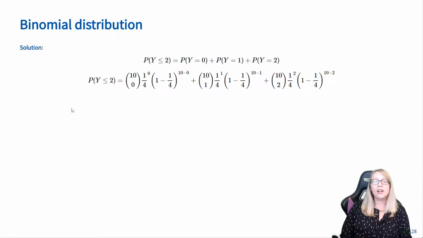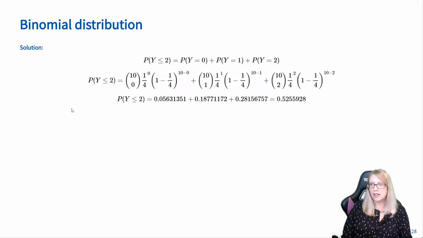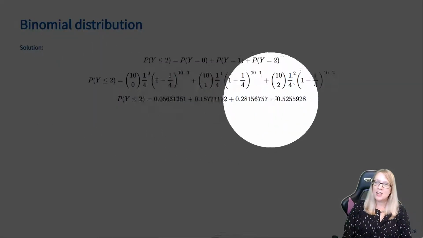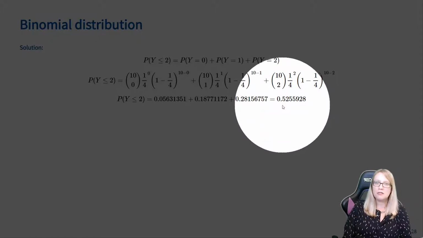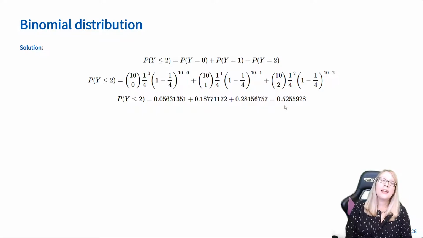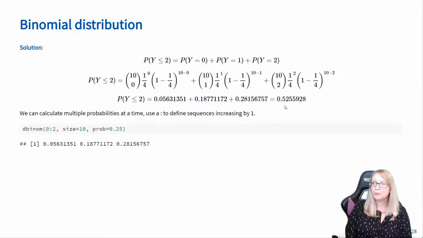So we'll calculate all 3 of those binomial probabilities. It'll look a little bit like this. There they all are. We add it together. There is a 53% chance, roughly 0.5256, that y is less than or equal to 2.